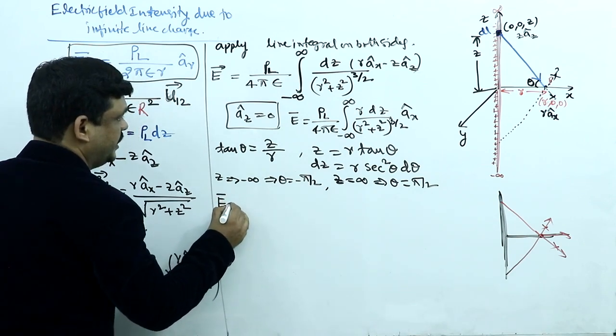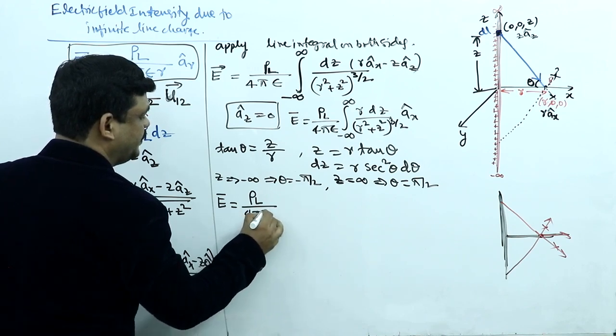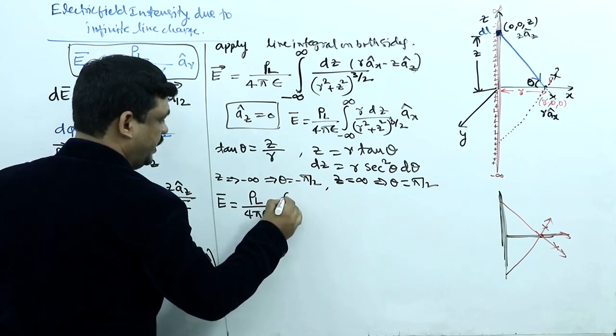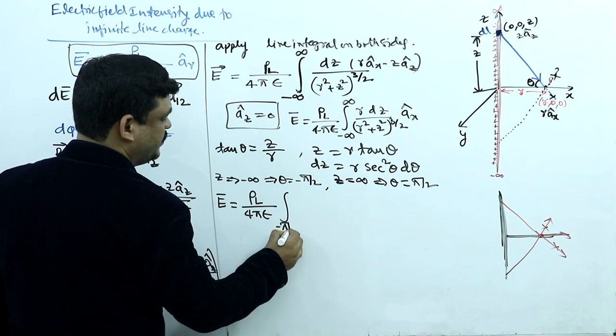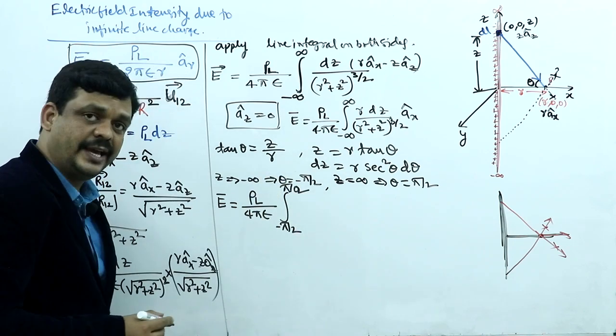Electric field intensity is equal to rho L by 4 pi epsilon. The integration changes from minus pi by 2 to plus pi by 2, because now the integration is with respect to theta.